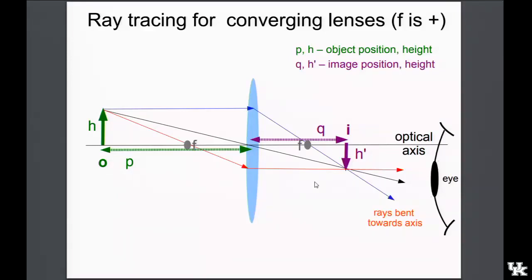And we found out also it's been minified. This image here is actually a little bit smaller than this object over here. So the height of this arrow and the height of this arrow are a little different. This one's a little smaller, this one's a little bigger. And so that's how you would construct a ray tracing diagram for the formation of an image of an object by a converging lens.